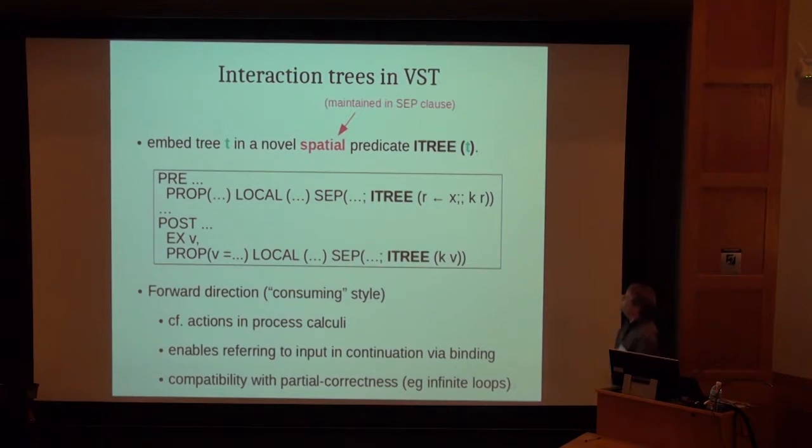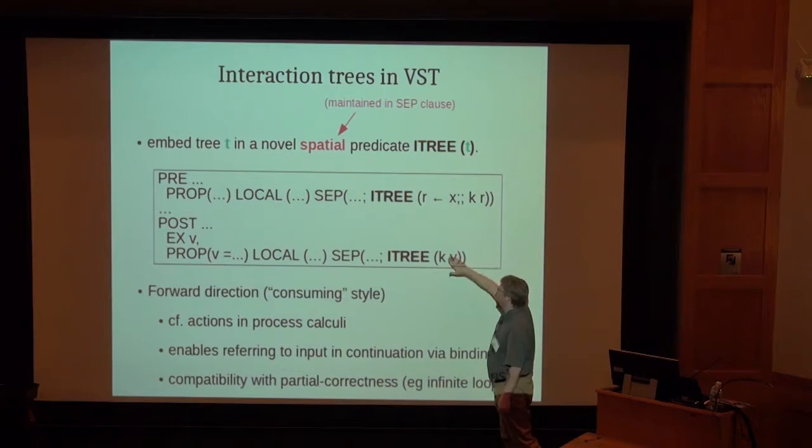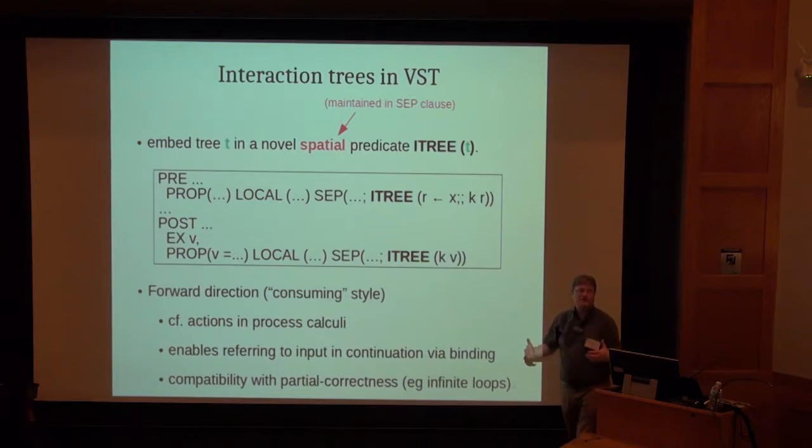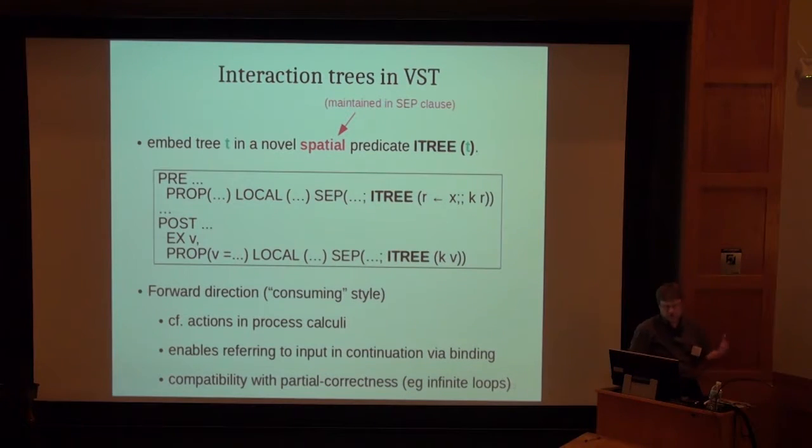And by doing this in the SEP clause, it is guaranteed that this representation of the tree cannot be just duplicated. This essentially means that access to the tree is a resource in the same way that access to memory locations in the heap is regulated by the separation structure that underlies the VST logic.